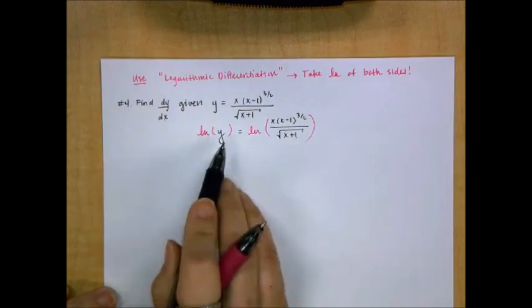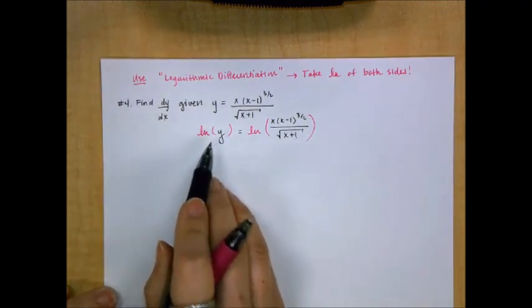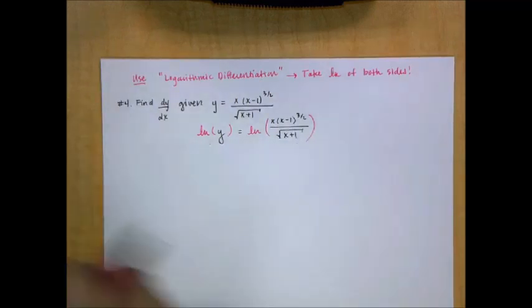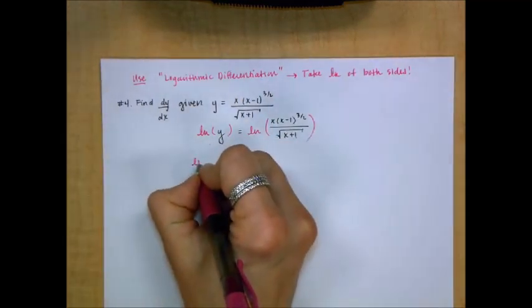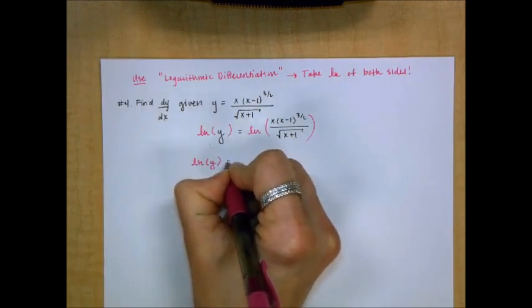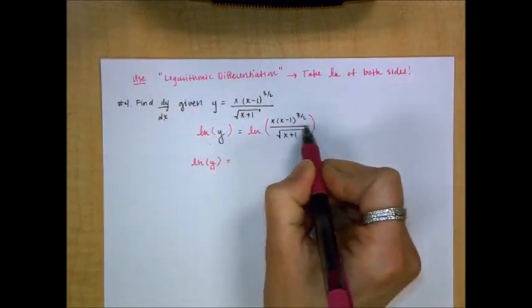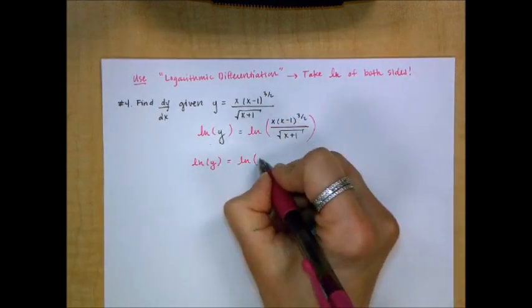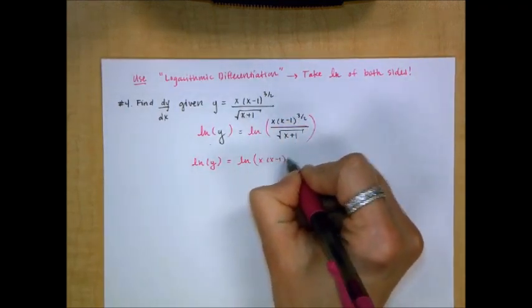So I'm going to start by simplifying on the right side. I have the natural log of y is equal to, we'll start with the quotient, the natural log of our numerator minus the natural log of our denominator.